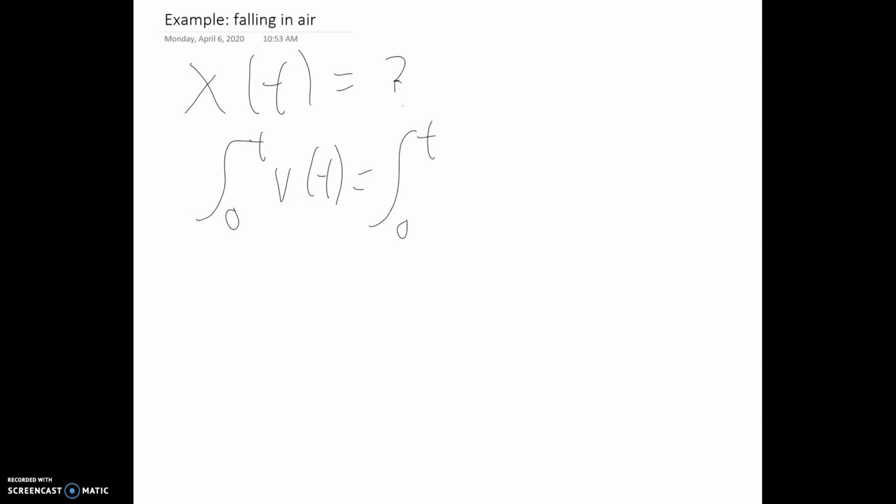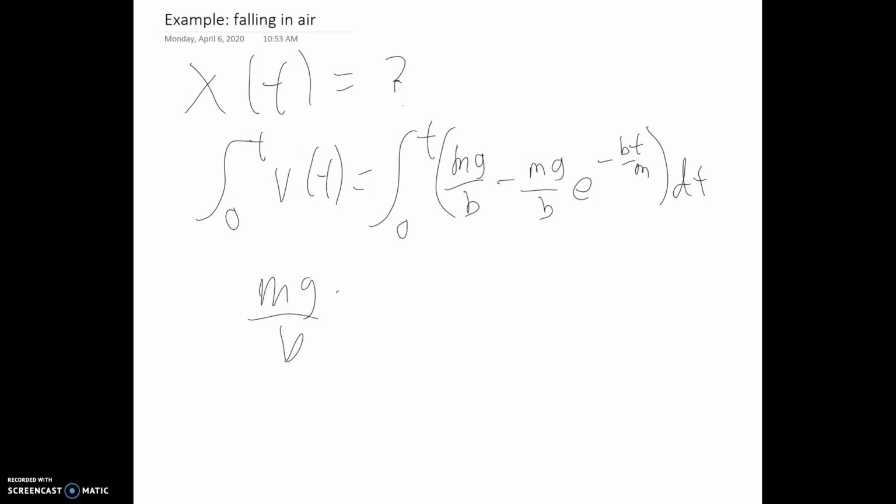So it was mg over b, and it was mg over b minus mg over b e to the negative bt over m dt. So I need to take the integral of that whole thing, this whole function. Okay. So I'm going to integrate the first thing, and I'm going to get mg over b t.